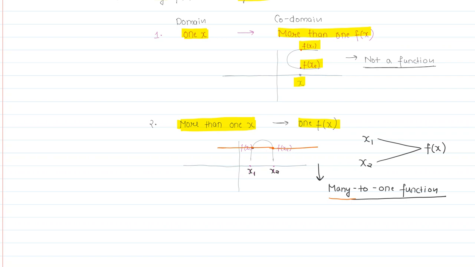Vertical test means that when you draw a vertical line, it must pass through only one point.